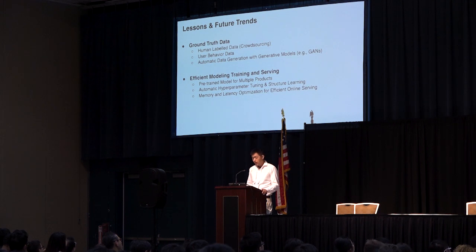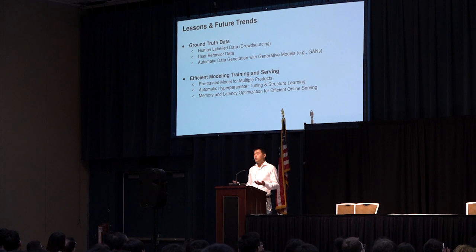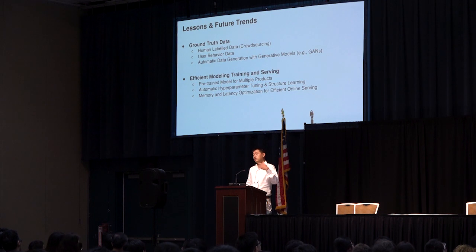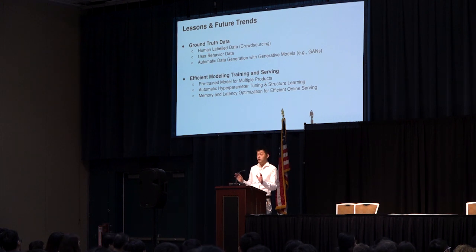But how do we combine all this data together to get a good model? That's still a challenge, because we have different business objectives. User behavior in general gives you a good business objective to optimize for, but when you start combining with human label data or GAN data, you may start to lose some of the business objectives. That's a trade-off that we need to take care of carefully.